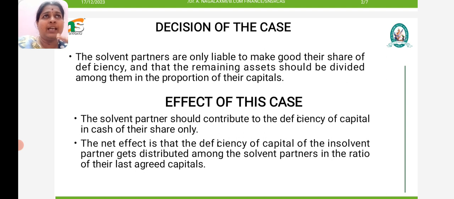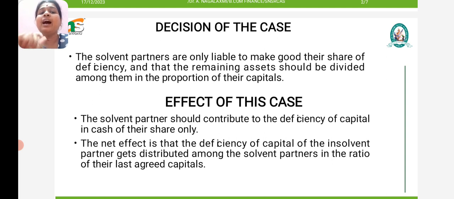So here Garner will give his share in cash. Garner will settle his deficiency in cash. And these two people are liable for the share of Wilkins. So how will they share the other partner's deficiency?